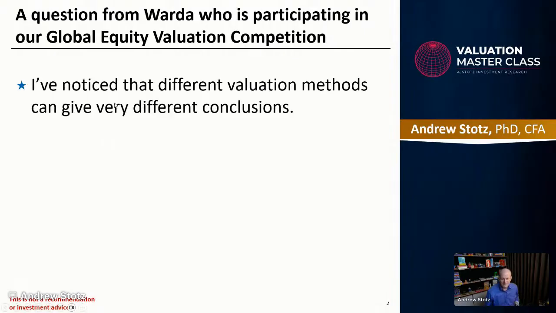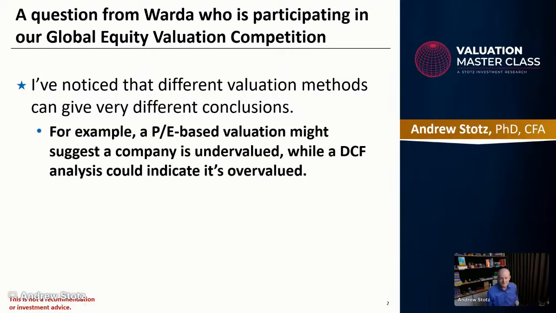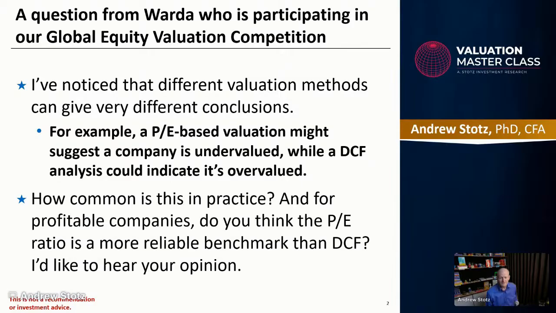I've noticed that different valuation methods can give very different conclusions. For example, a PE-based valuation might suggest a company is undervalued, while a DCF analysis could indicate it's overvalued. How common is this in practice? And for profitable companies, do you think the PE ratio is a more reliable benchmark than DCF? I'd like to hear your opinion.